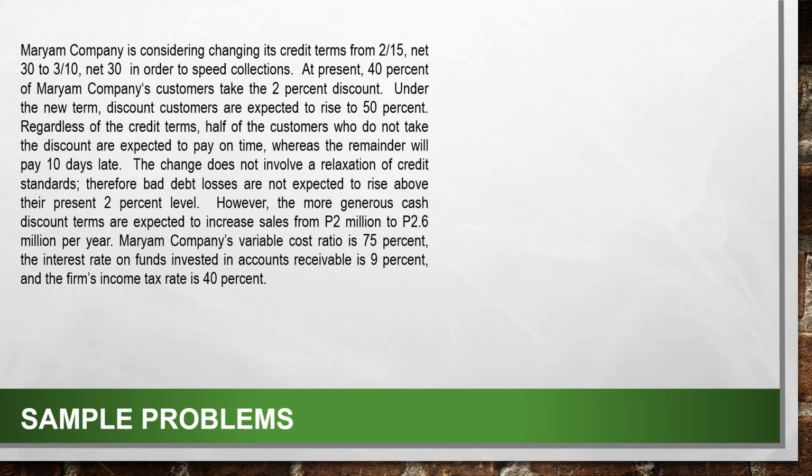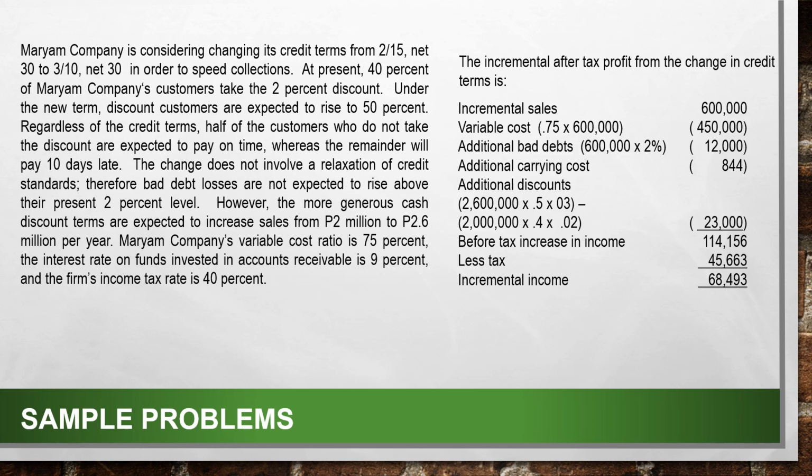Okay, so this is our last question. What is the incremental after-tax profit from the change in credit terms? So again, we take into consideration now the tax rate. For receivable management problems, this is the most complex problem that you can find, if the question asks for incremental after-tax profit.